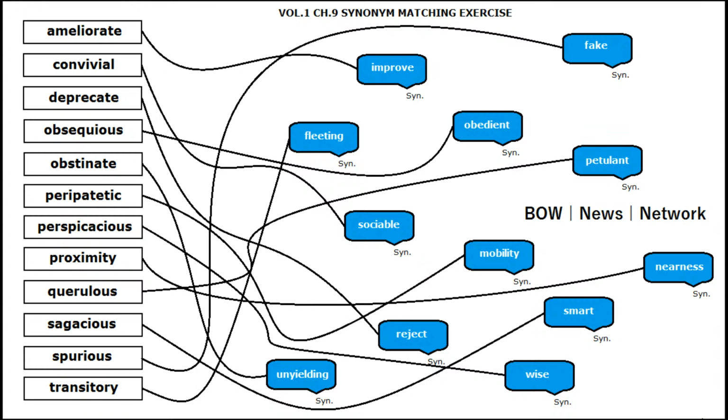We have proximity, which is nearness. Querulous, whose synonym would be petulant, and then we have spurious, whose synonym would be fake, and transitory would be fleeting. So these are the 12 from the previous chapter 9. Then this is the answer key.